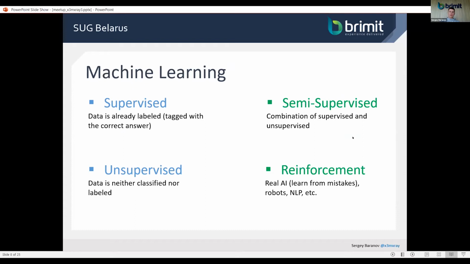All machine learning algorithms can be divided into several groups. The two main groups are supervised machine learning and unsupervised machine learning. The main difference is that with supervised machine learning, we should have one column in our data set that is already marked with the values that we want to predict in future.